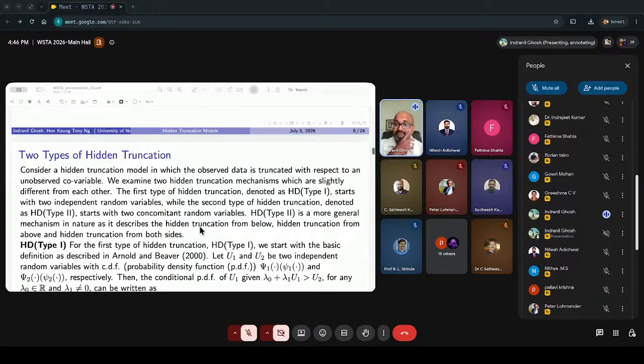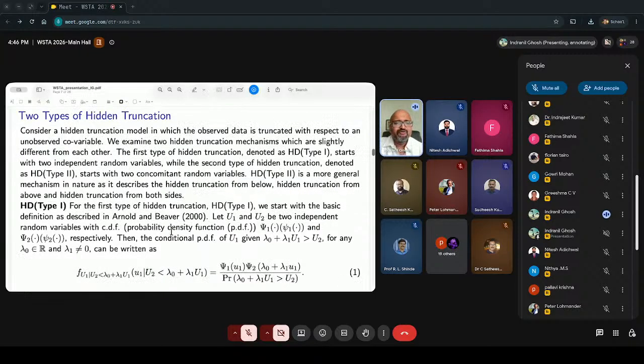So that's the distribution, or hidden truncation paradigm, that we would be having. This is the type 1 of hidden truncation, and of course lambda 0 is any number on the real line, and lambda 1 is not equal to 0.